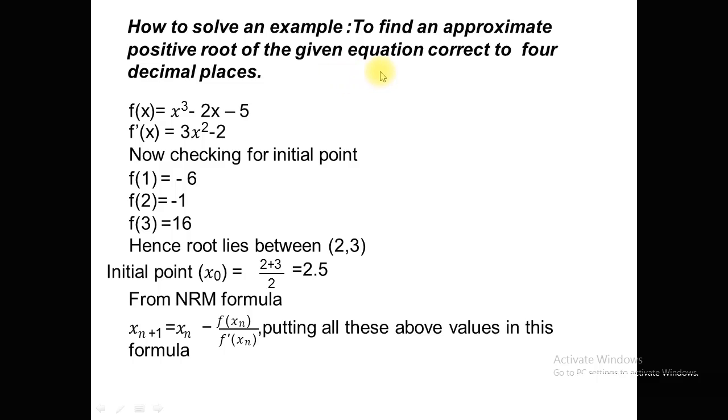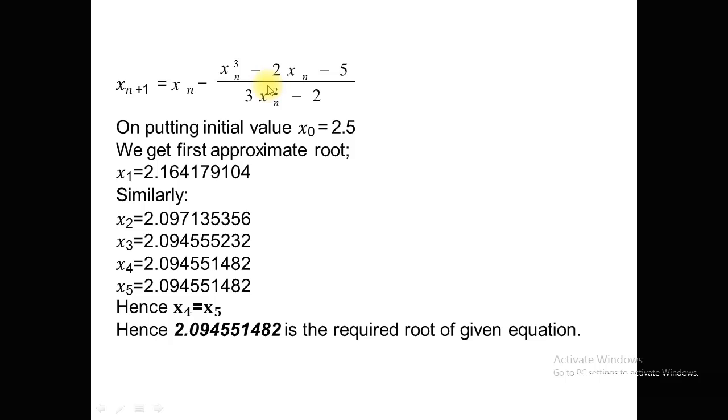Since the fourth root and the fifth root are similar or equal, and since we have to find the root of the equation correct to 4 decimal places. Dear students, 4 decimal places mean that in the fourth root and in the fifth root, the 4 digits after the decimal are the same, 2.09455, and in the fifth root 2.09455.